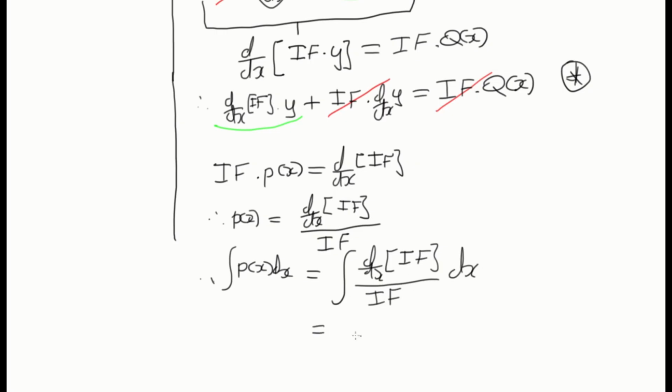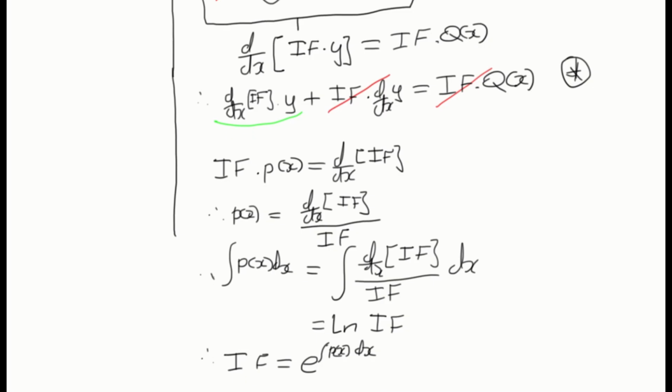This will therefore give us a ln mu on the right hand side, which we can happily solve with the exponentials, and it therefore means mu is equal to e raised to the integral of p of x dx. So what does it mean?